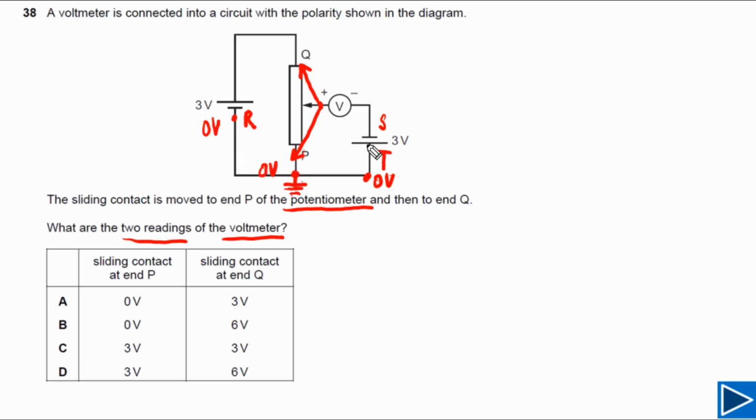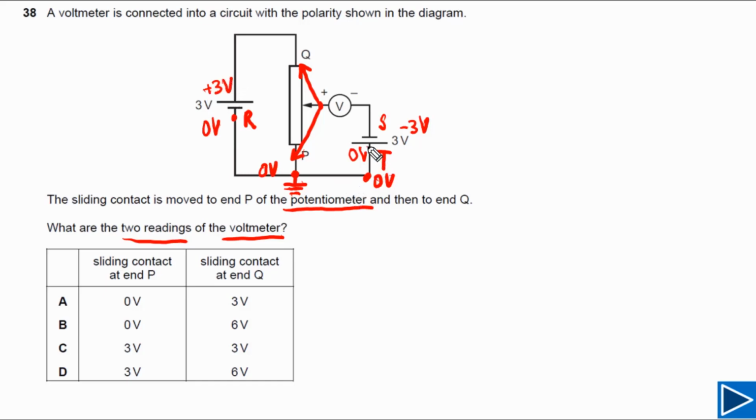If the positive terminal of the cell is at 0 potential, the negative has to be at negative 3 volts. And if you look at the second cell, if the negative terminal is at 0 volt, the positive has to be at plus 3 volts. So these are the basic things we need to understand.